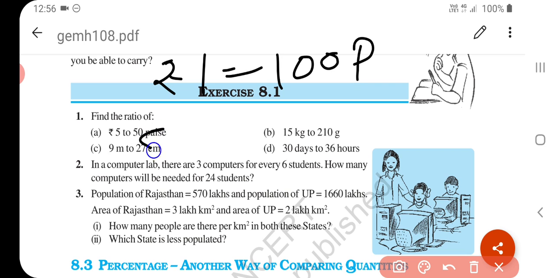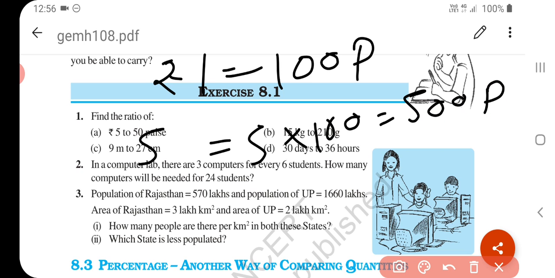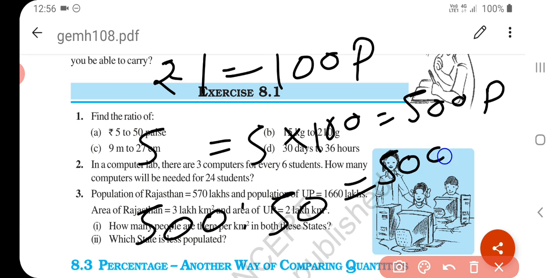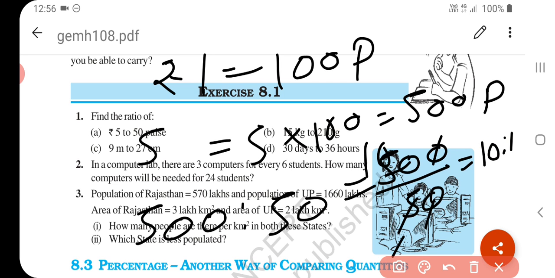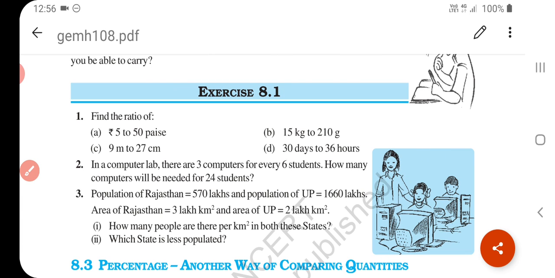Okay, so 5 rupees is equal to 5 into 100, that is 500 paise. Okay, so what is the ratio? 5 rupees means 500 is to 50. So you can write it 500 upon 50. 0 से 0 कटेगा. So you can write 10 is to 1. Okay, understand? So this way you can write the answer.